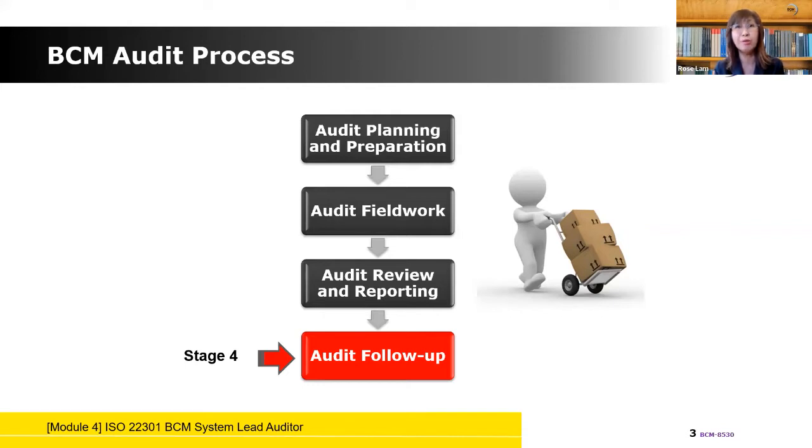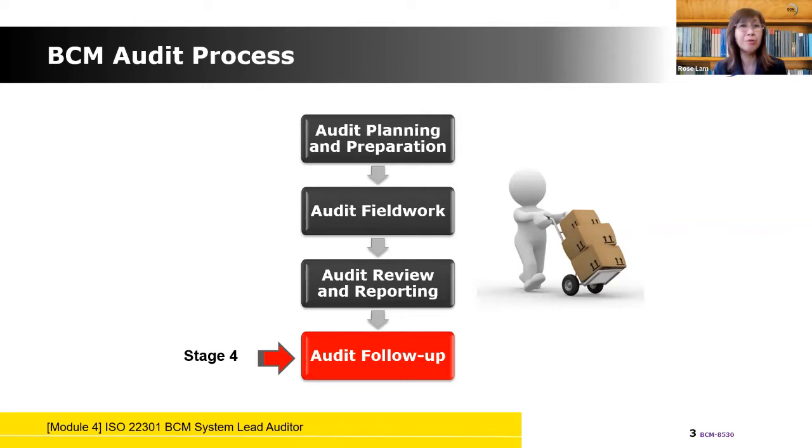And then the audit field work will be doing the actual audit, reviewing the documentation, interviewing the people that you have identified that you want to meet according to that audit schedule.